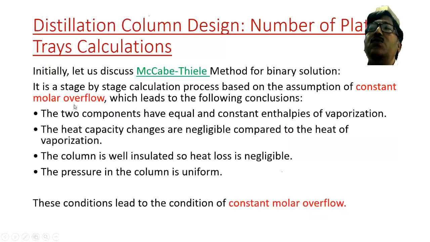So due to this assumption of constant molar overflow, we have to lay down these four conclusions. First one is that the two components have equal and constant enthalpies of vaporization, which is very difficult to realize or believe.